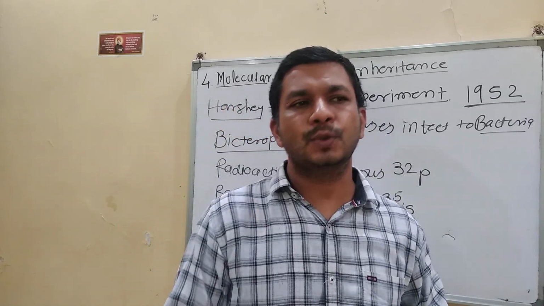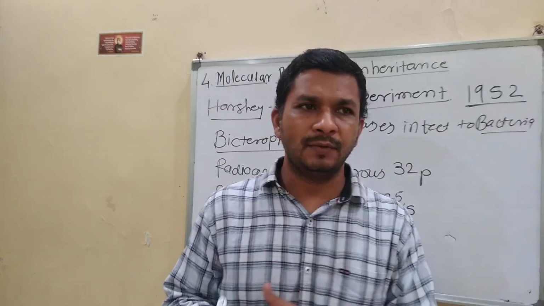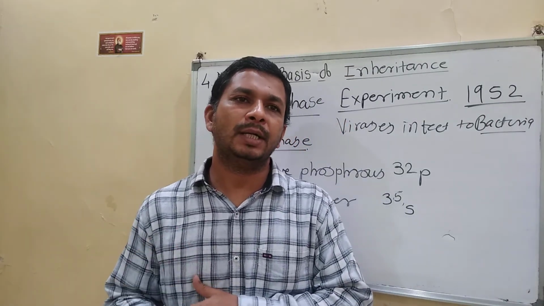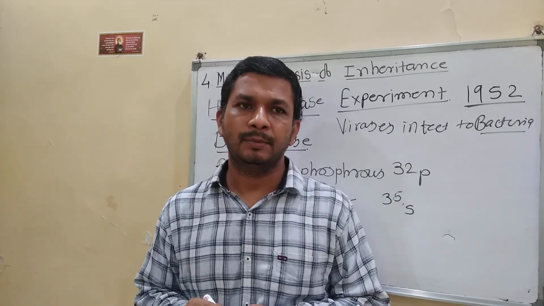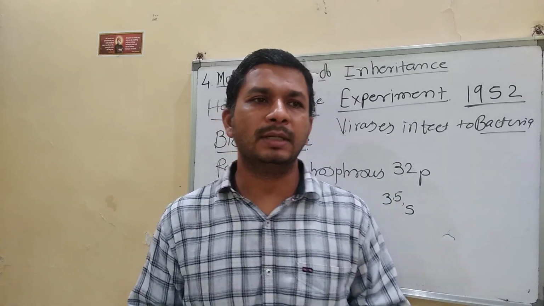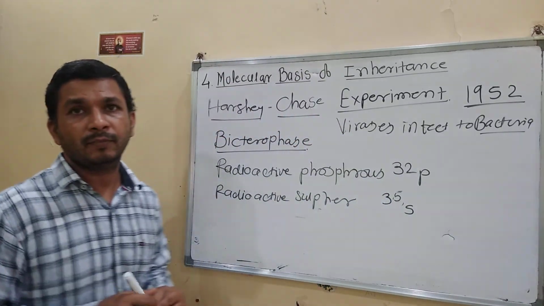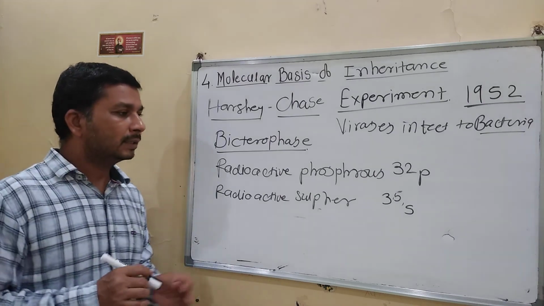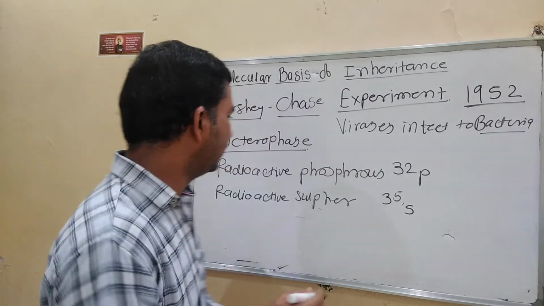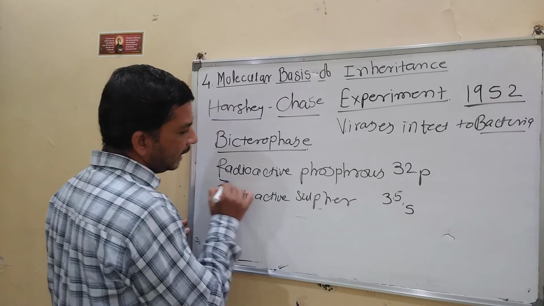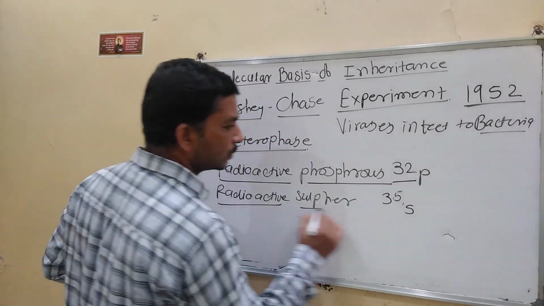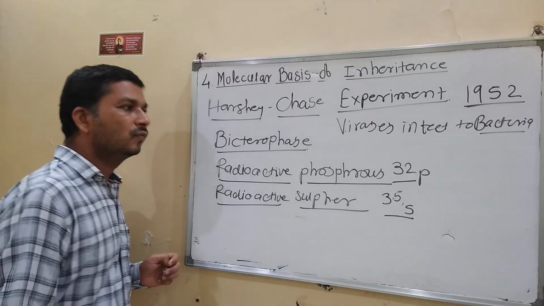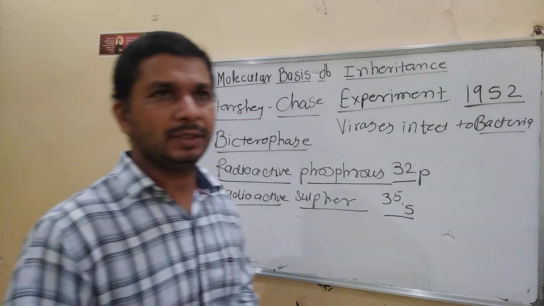Similarly, viruses grown on radioactive sulfur contain radioactive protein but not radioactive DNA, because DNA does not contain sulfur. So they take radioactive phosphorus and radioactive sulfur for their experimentation.